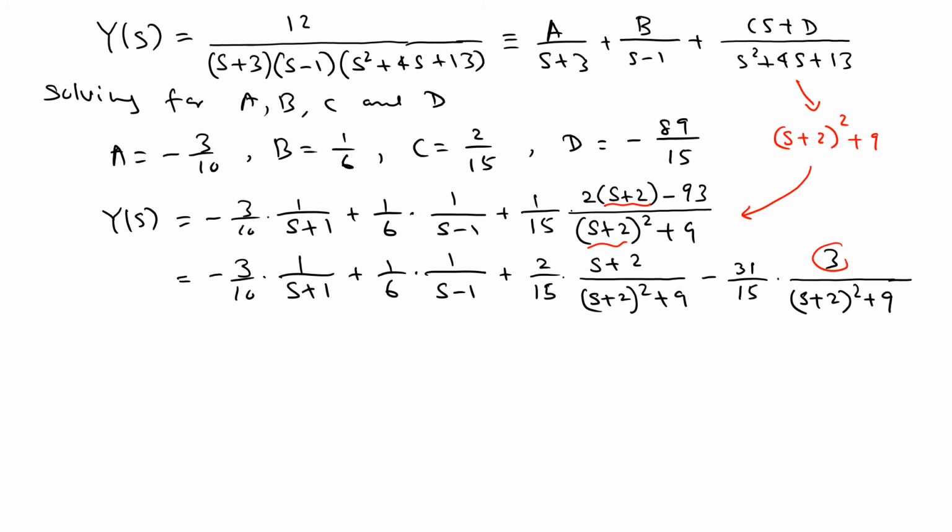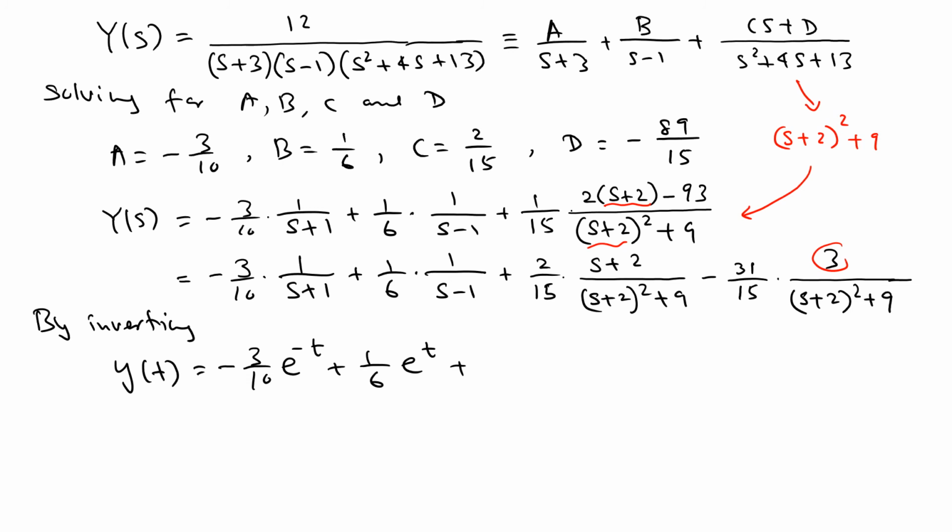Good, now we can invert. So by inverting, we have y(t), which is simply equal to negative 3 over 10. This is plus 1, so it is e to the minus t. And then this is a minus 1, so it is e to the plus t.